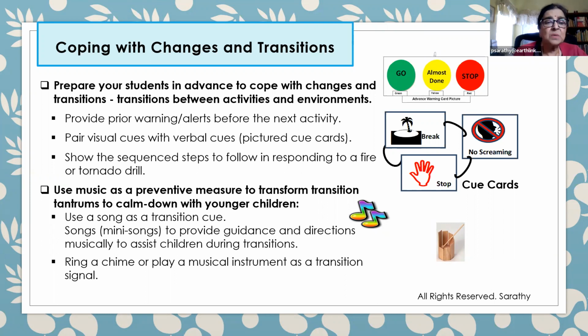Always pair visual cues with verbal cues. And you can use some kind of cue cards like this, and the cue cards are to be carried everywhere, with the sequenced steps to follow when there is a fire drill in the school or a tornado drill, and you are working individually with that student to follow the sequence steps.